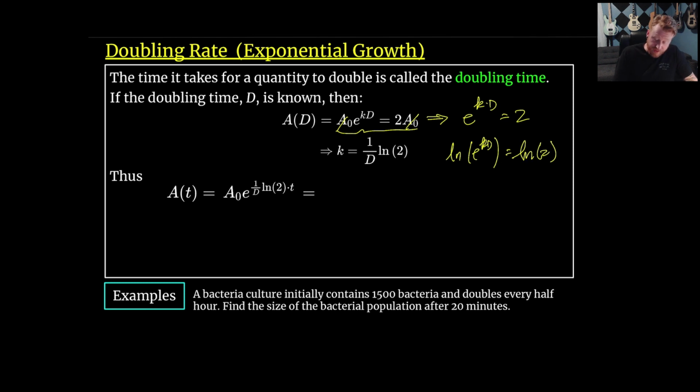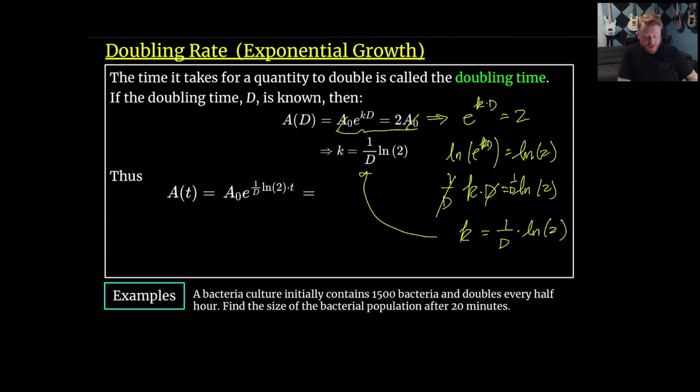Here the ln and the e are undoing each other, and we just get k times d equals the natural log of 2. And if I multiply both sides now by 1 over d, I could divide by d, but I'm trying to get things in a form that'll be helpful in a minute. Those will undo each other, and we've got k is equal to 1 over d times the natural log of 2. So there we go. We get what I promised.